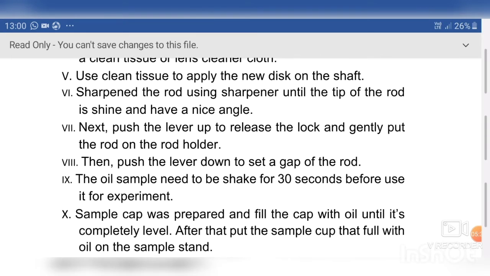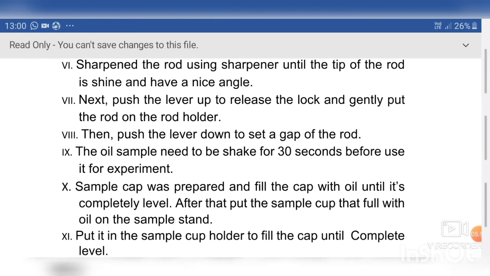Next, push the lever up and release the lock and gently put the rod on the rod holder. Then push the lever down to set the gap of the rod. The oil sample needs to be shaken for 30 seconds before use for each experiment.